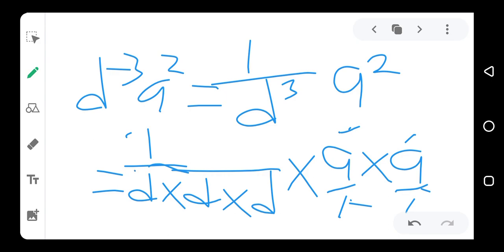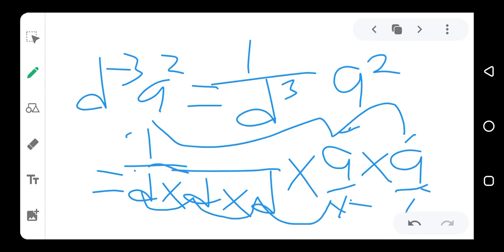Now with this one, we can times everything that is on top and divide it by everything that is down. The ones that are on top is this one, then A, and the one that is below is this D, and this D, and this one, and this one.